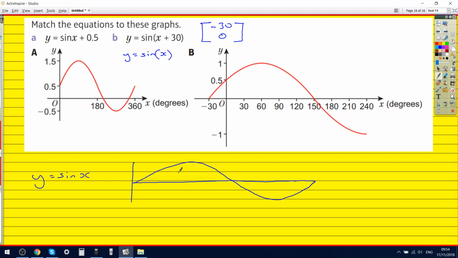Down. X direction is left and right. You have to match it to which graph. So if it's in the x, that's to the left and the right. And so if it's -30, is that going to be 30 right or 30 left?